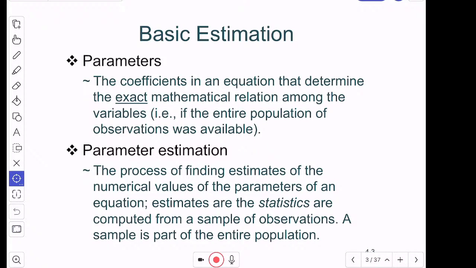Parameter estimation is the process of finding estimates of the numerical values of the parameters of an equation. Estimates are the statistics. They are computed from a sample of observations. A sample is a part of the entire population.